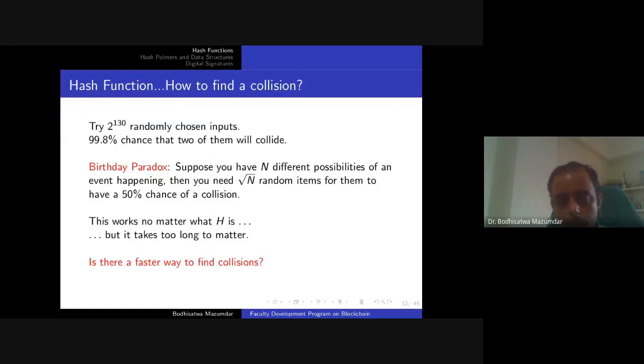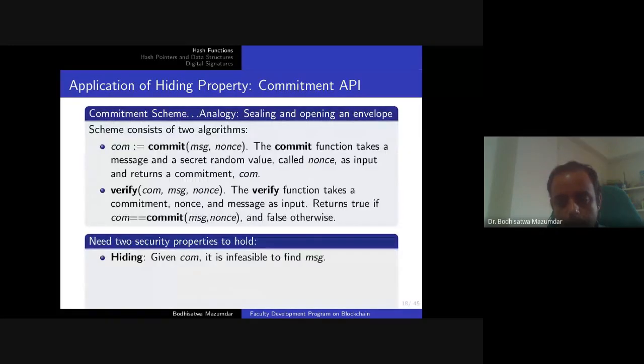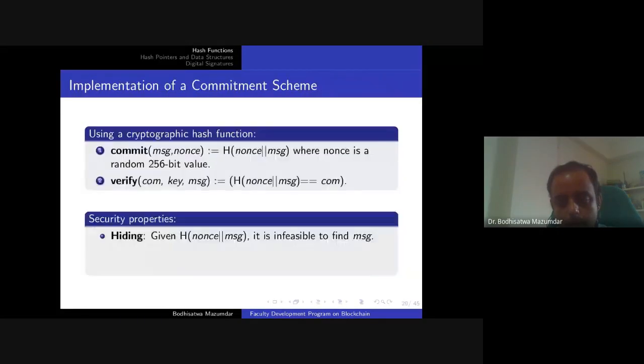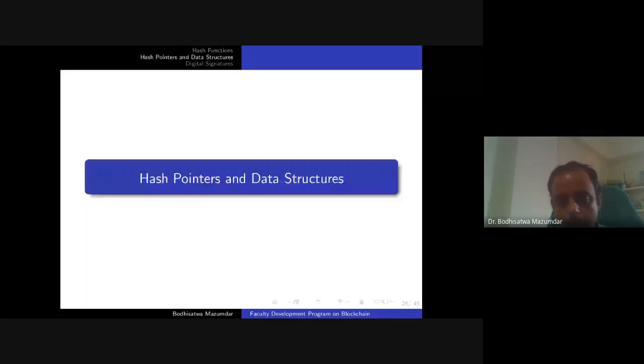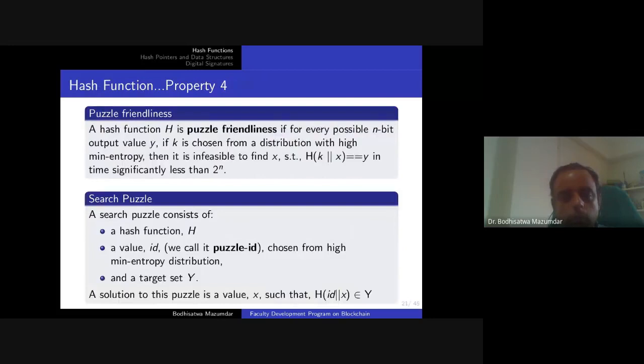So these are the basic properties of a search puzzle that is used in a hash function that is employed in a conventional blockchain system.